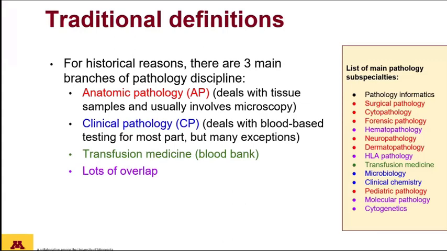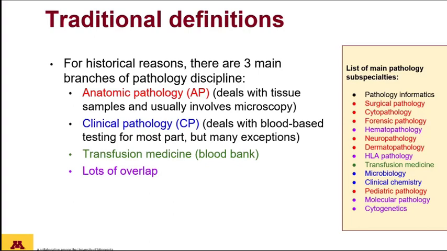As everyone in this audience, I'm sure, is aware, there are historically separated disciplines within pathology that are really united by pathology being the practice of delivering diagnosis and care based on specimens taken from patients.